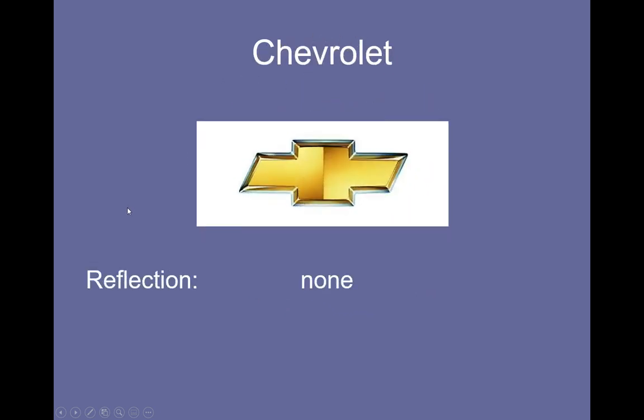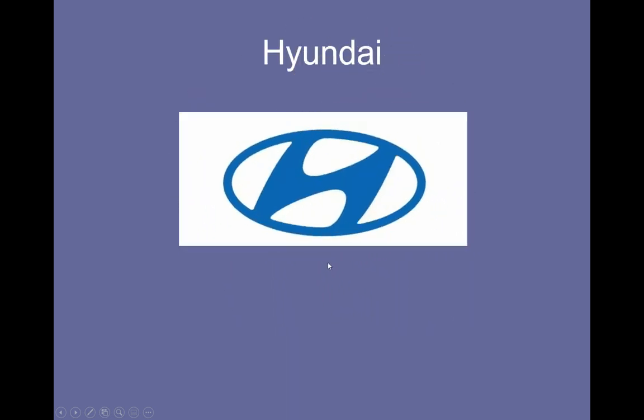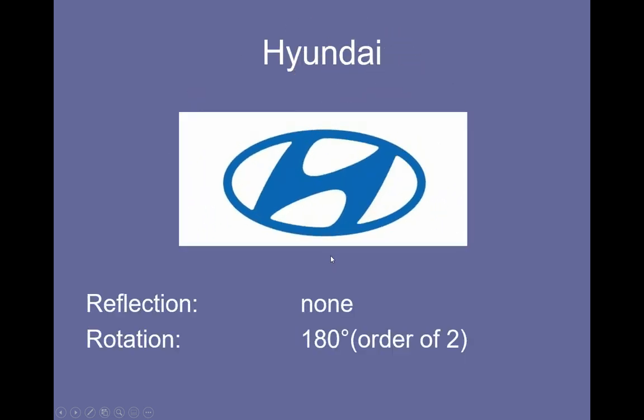Chevrolet. It has rotational, but no line symmetry. See how the line symmetry almost makes you think there's one down here, but the points wouldn't match up when it flips across. Hyundai. It has rotational symmetry, but no line symmetry.